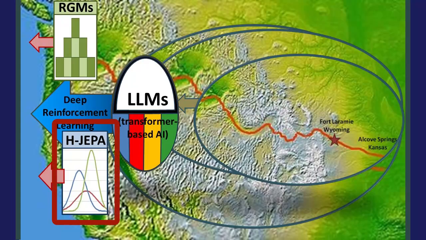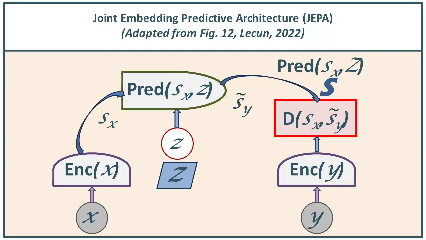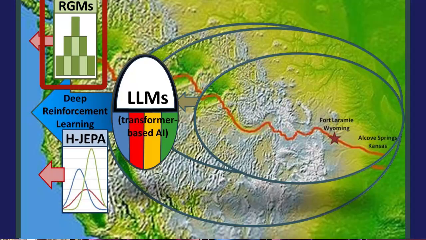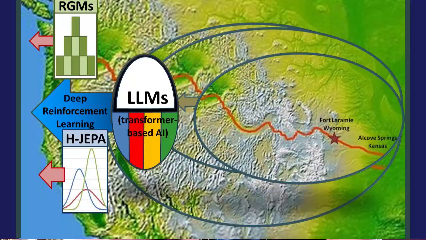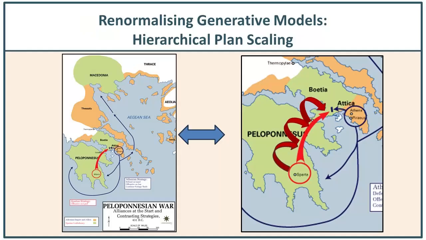It's going to be more, I know that this is piling it up here. It's going to be more than Jan LeCun's JEPA, Joint Embedding Predictive Architecture, or even his hierarchical JEPA, or his image JEPA, or his video JEPA. It's going to be more than Carl Friston's active inference, which is an outgrowth of variational inference, and even more than Friston and his group recently having developed renormalization generative models, RGMs, which are hierarchical tiers of active inference capabilities.